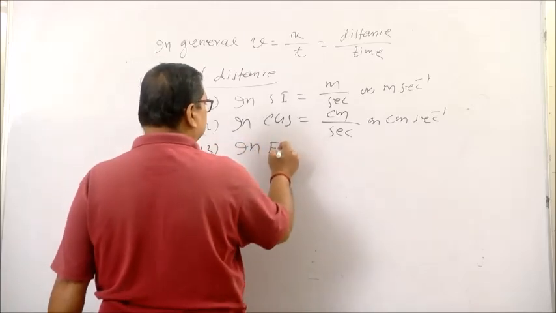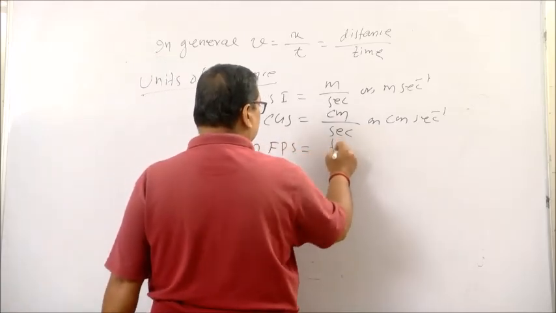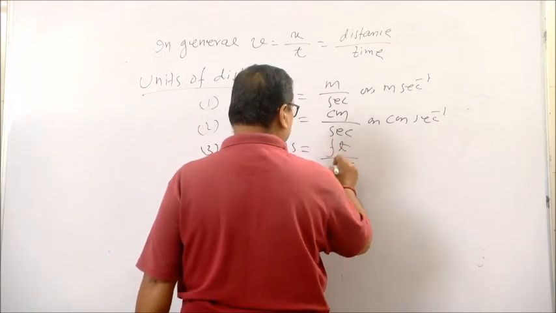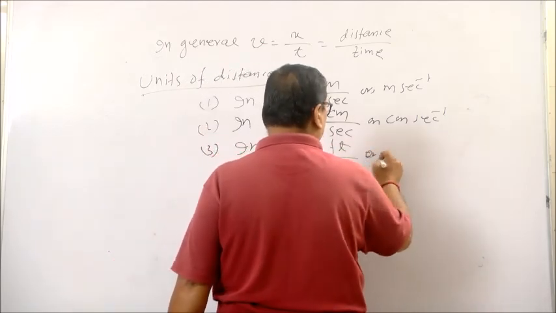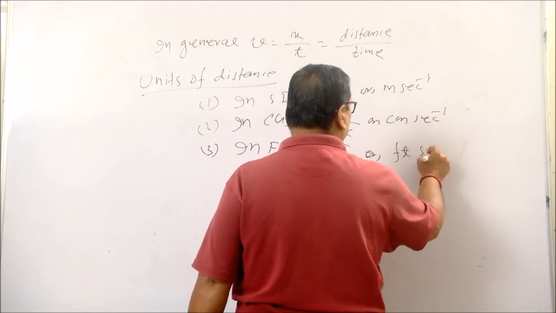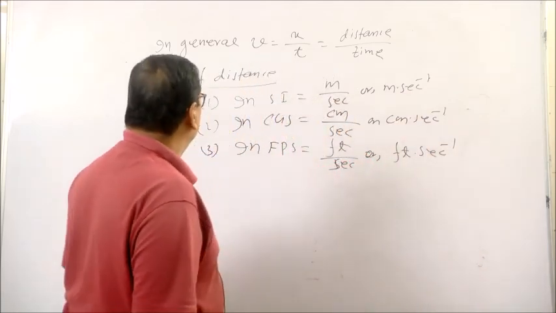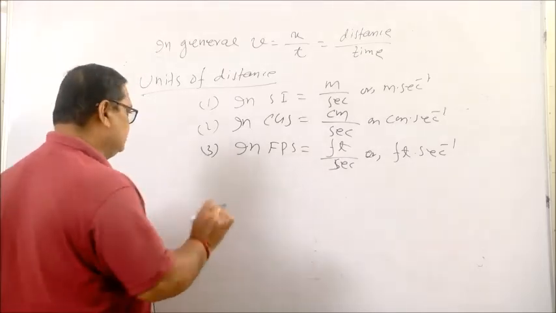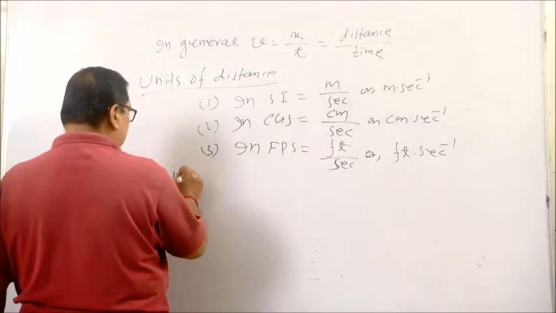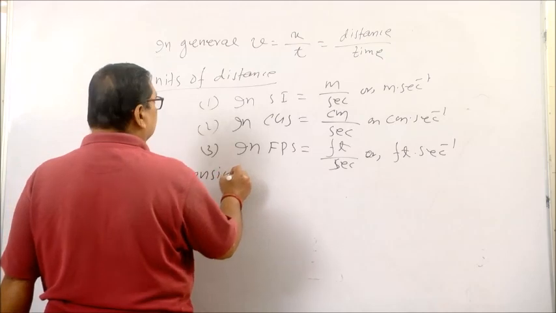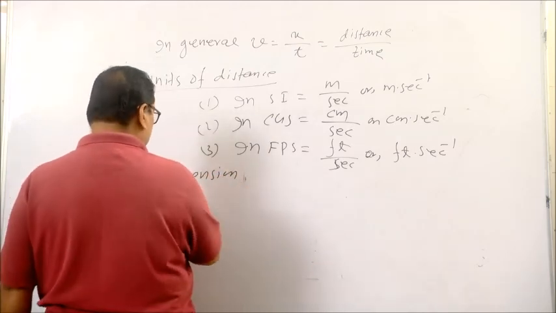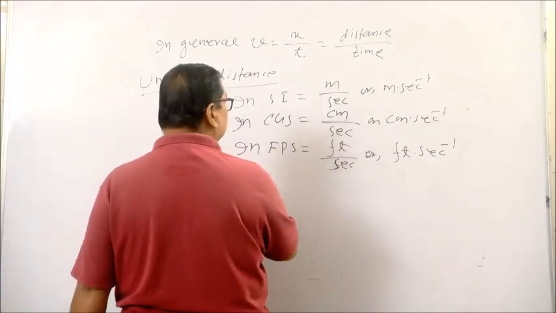In the FPS system, this is foot per second or foot second inverse. These are the units of speed. Then the dimension. How will you find the dimension?